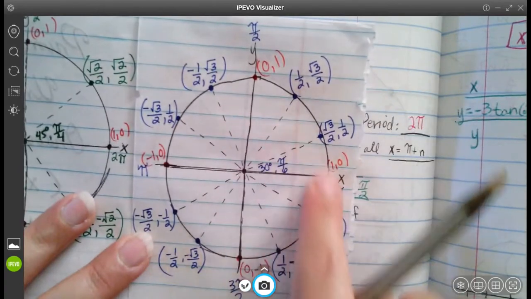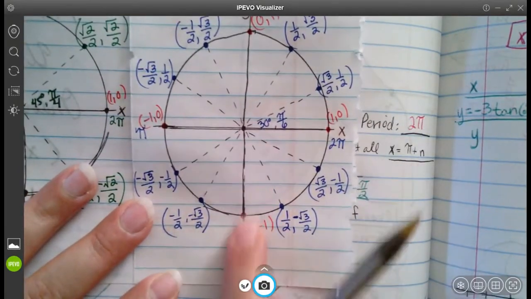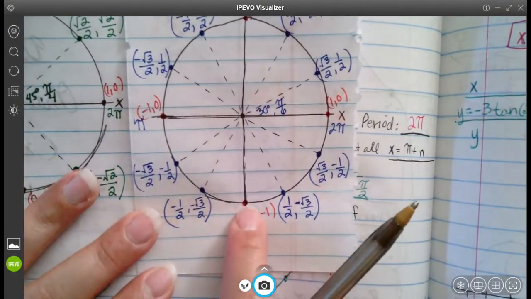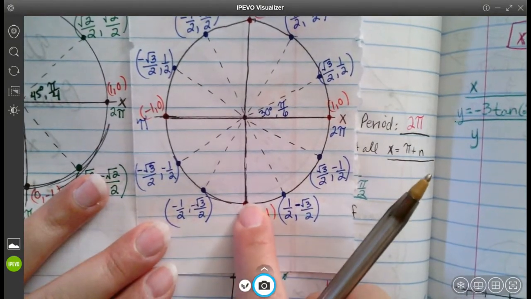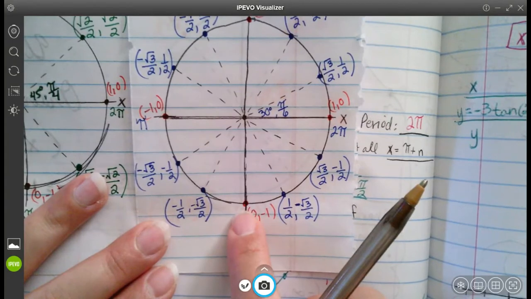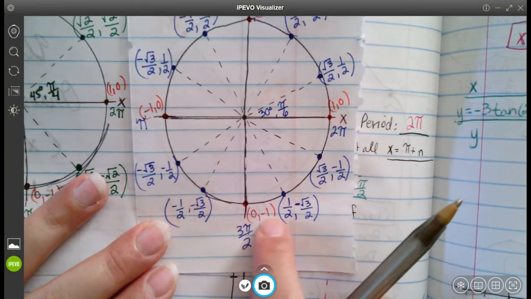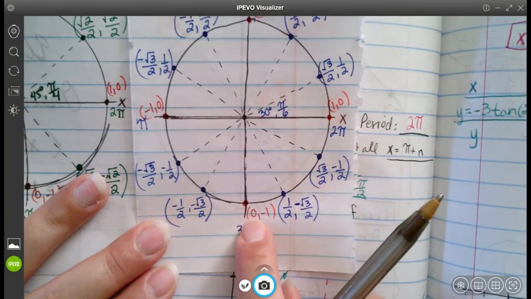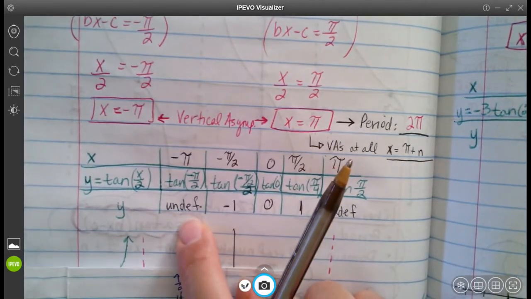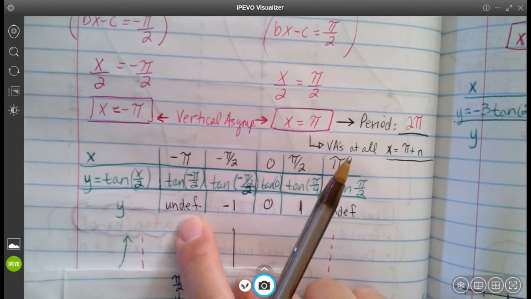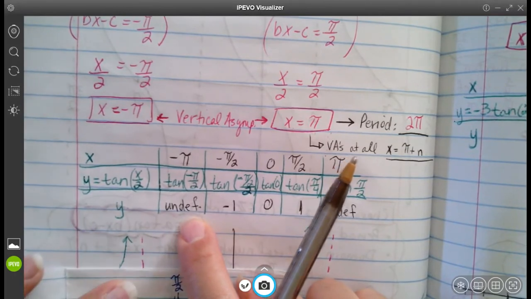Remember that negative pi halves is on the other side, because we go backwards for the negatives. So this point right here is negative pi halves. And at negative pi halves, tangent is y over x, so it would be negative 1 divided by 0. And negative 1 divided by 0 is undefined.